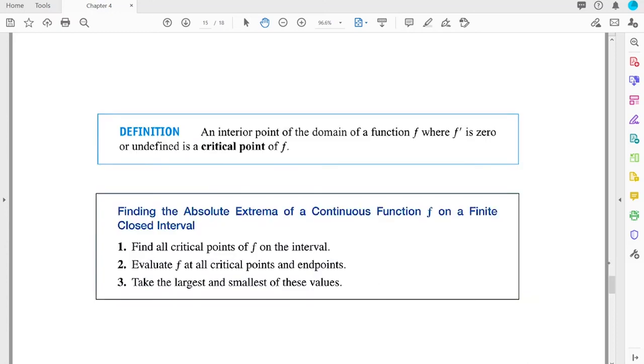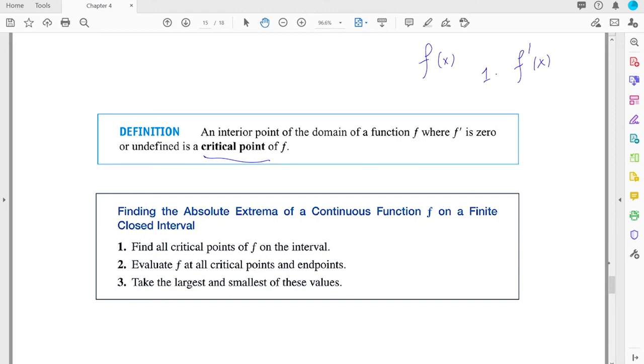So there is one definition, and it's a very, very important definition, called critical point. An interior point of the domain of a function f where the derivative of the function is 0 or sometimes undefined is called a critical point. So given a function f of x, you find the derivative of the function, and there are two different situations you might have.